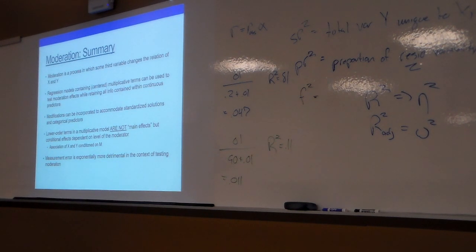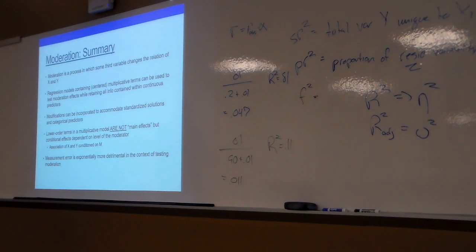So again, bringing it home, we're thinking about moderation, right? We're talking about some process where a third variable changes the nature of the relation between X and Y. We want to center our variables or center our regression models, which improves interpretability.